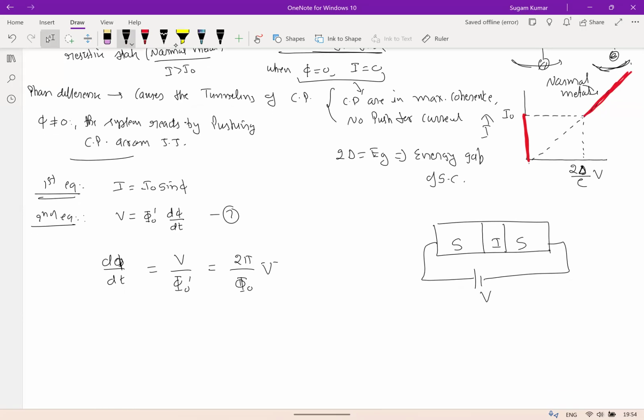If I integrate, first let us not take this d phi there. So d phi equals 2 pi upon phi naught into V dt. And of course, you can see that this phi naught is h upon 2e, no?